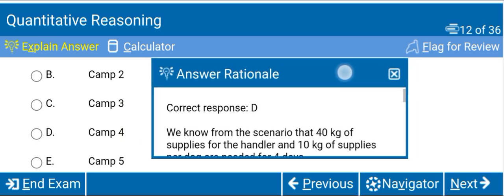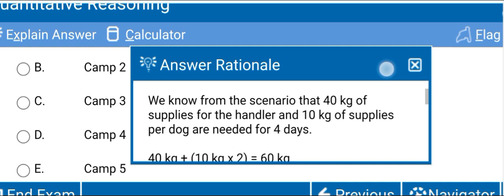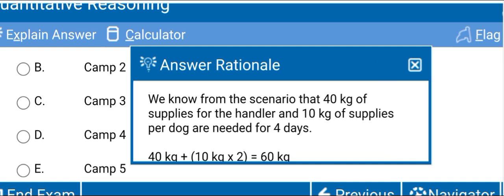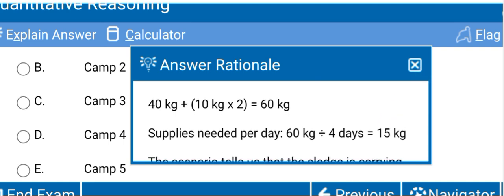So here we have option D as the correct response. We know from the scenario that 40 kg of supplies for the handler and 10 kg of supplies per dog are needed for 4 days. So 40 kg plus 2 times 10 kg equals 60 kg.